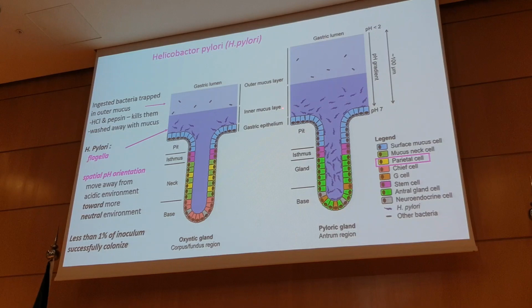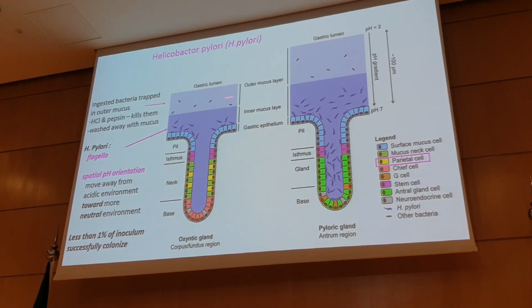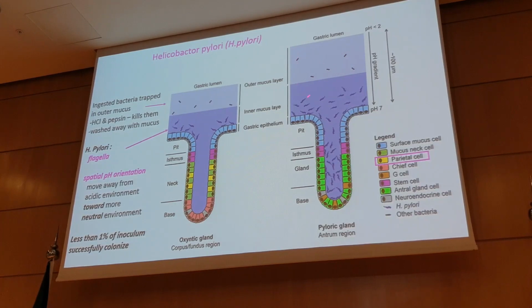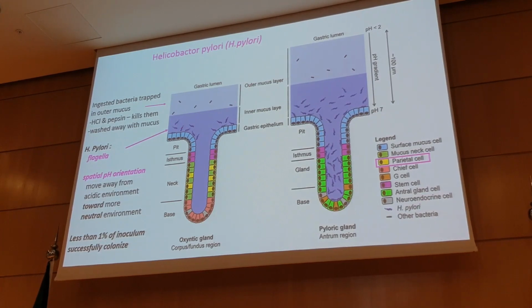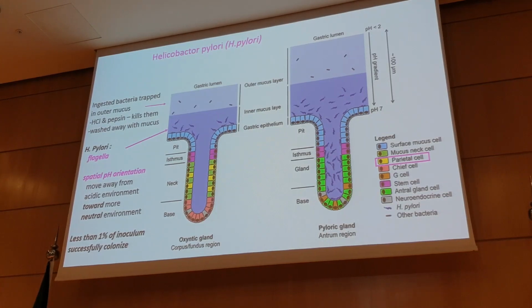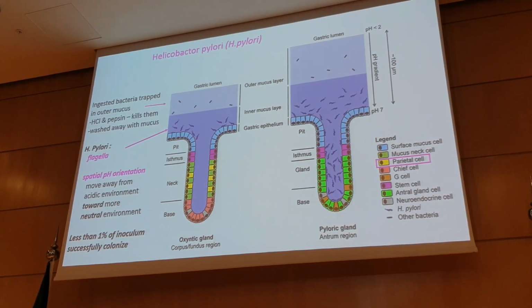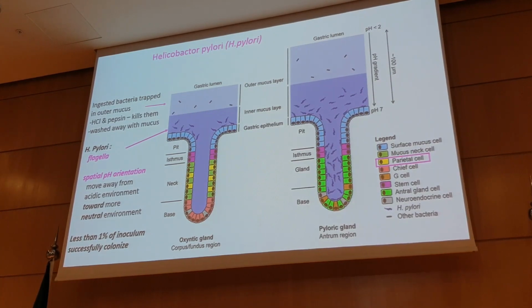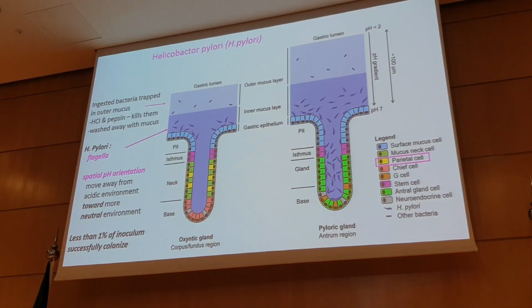You have an inner layer and an outer layer, and these are bacteria, and you notice they don't have flagella, whereas these in the inner layer have flagella. So if you look back, the flagella is pretty important. Now, they have spatial orientation. You'll notice here that the H. pylori are not going down into here, right? But they have no problem going down into here. Now, why is that?